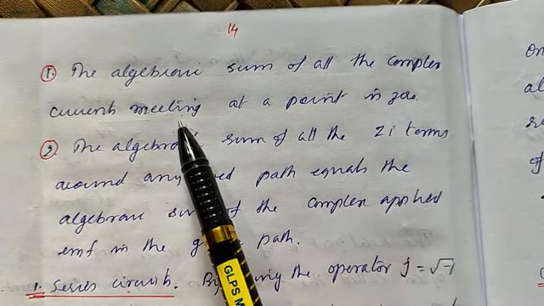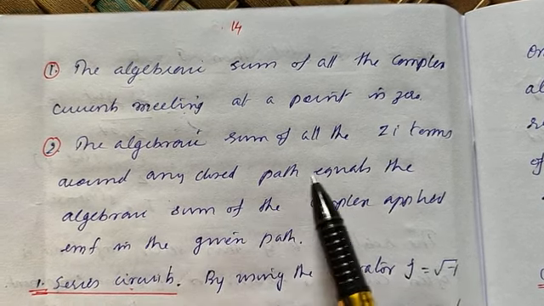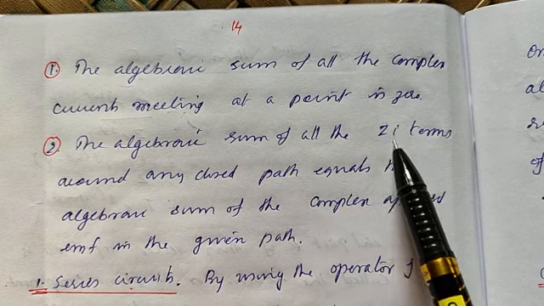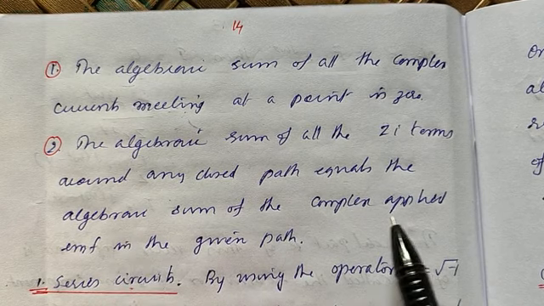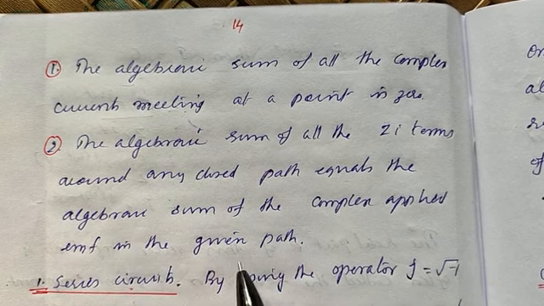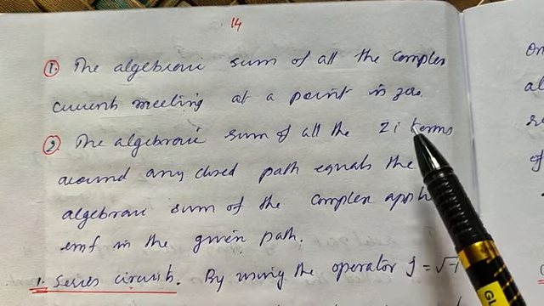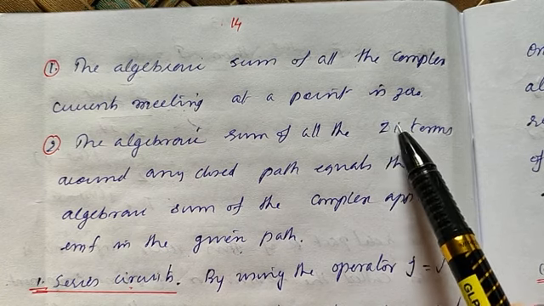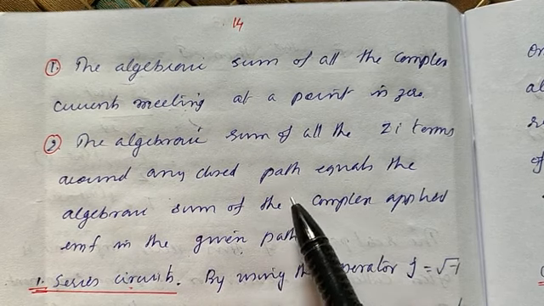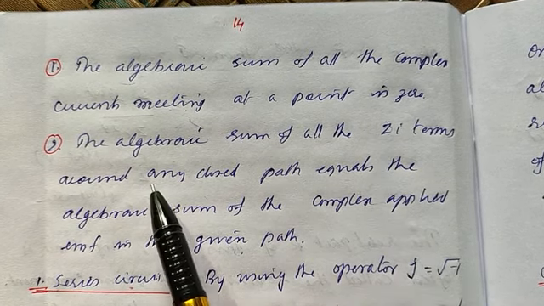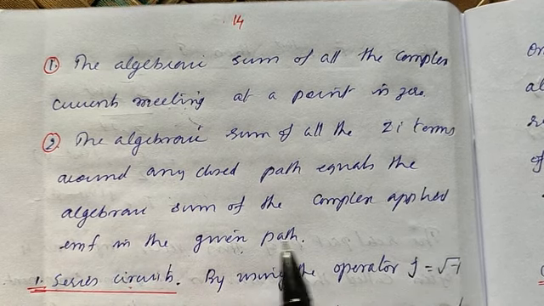And the second: the algebraic sum of all the Zi terms around any closed path, where Z is the impedance and i is the current, equals the algebraic sum of the complex applied EMFs in the given path.